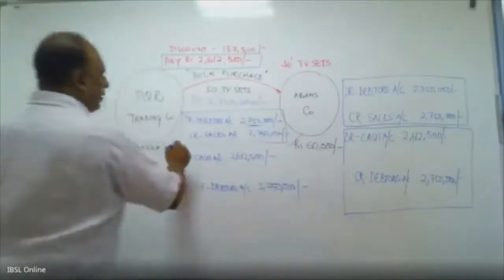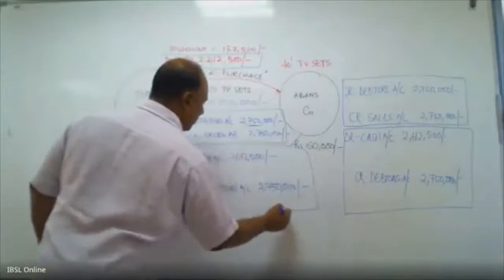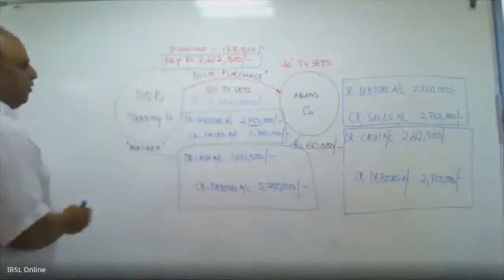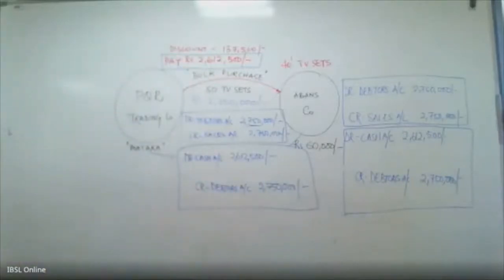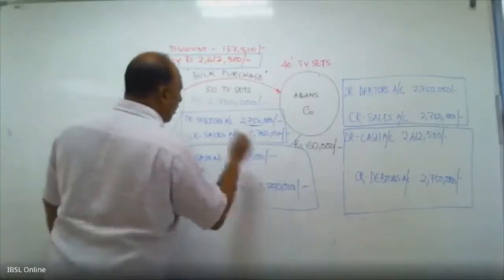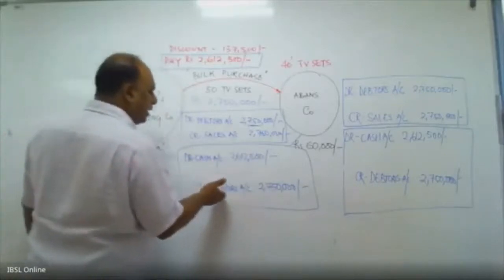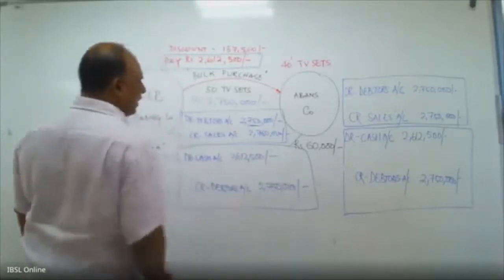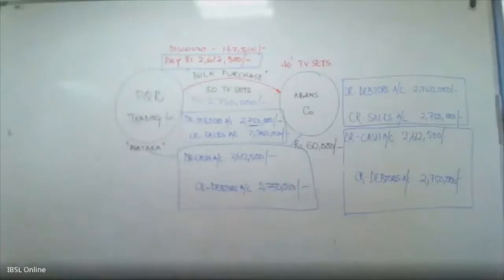Now see the double entry. When you look at this double entry, if you confine to the accounting equation, your debit is 2,612,500, your credit is debtors account 2,750,000. There is a difference between the two.